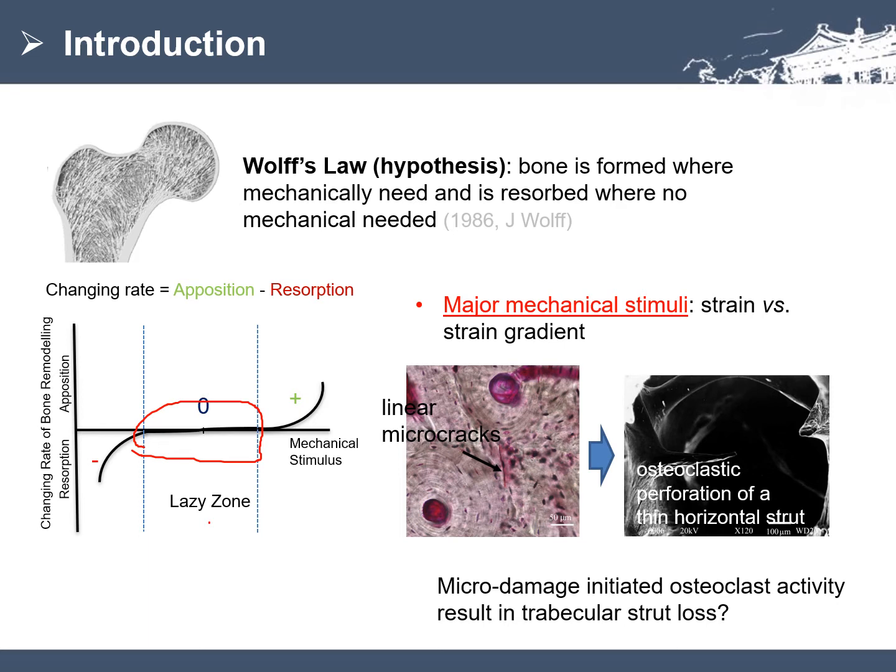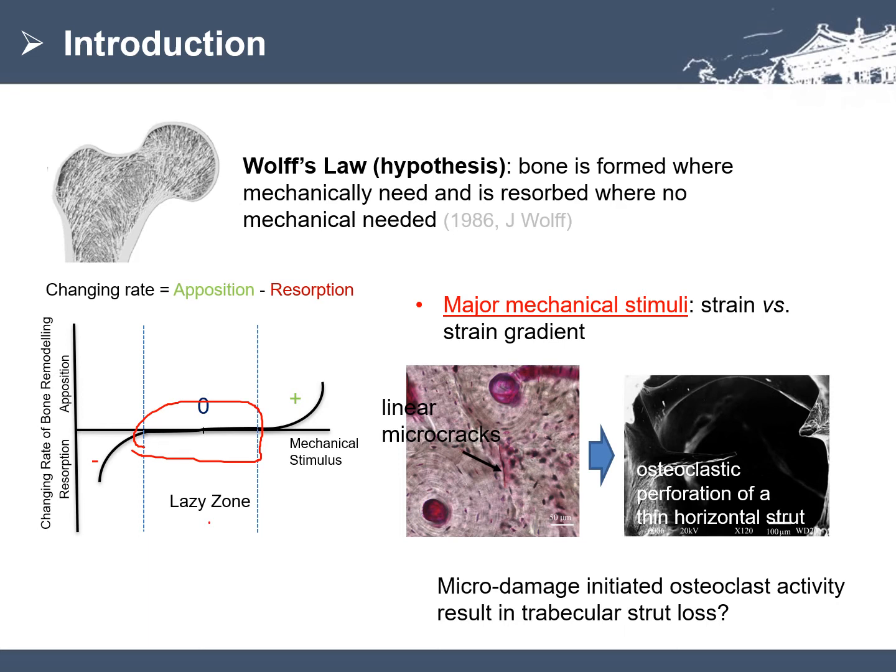When the mechanical stimulus is continuously increasing, it will cause microcracks or damage, instead of the bone continuously forming itself, as this model suggests. Also, there are SEM images showing osteoclast activity on a very thin horizontal trabecula.